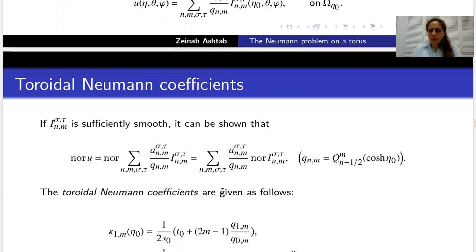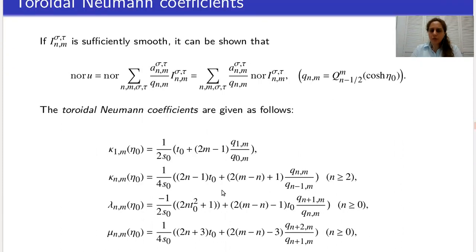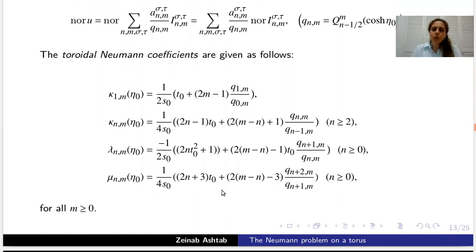It can be shown that norm u is equal to summation of a n m sigma tau over q n m times norm I n m sigma tau. Then we can define the toroidal Neumann coefficient in this form, which I denoted by kappa, lambda, and mu, for all m greater than or equal to 0.